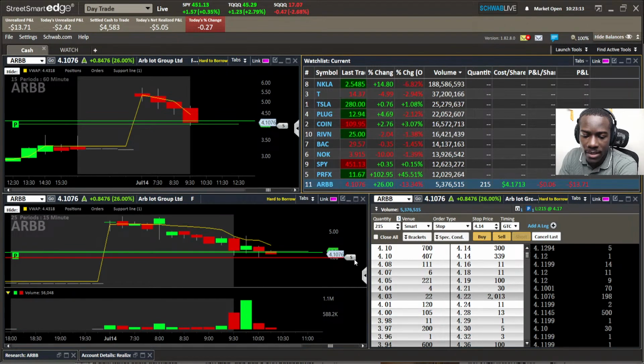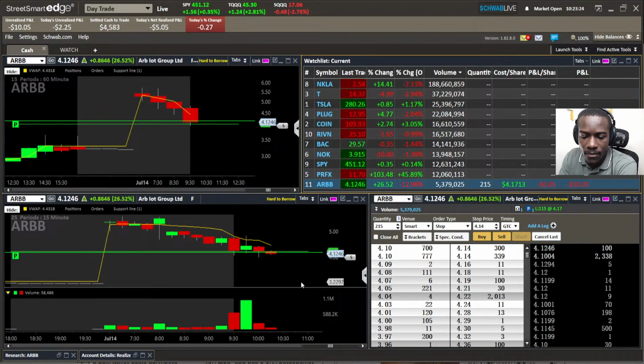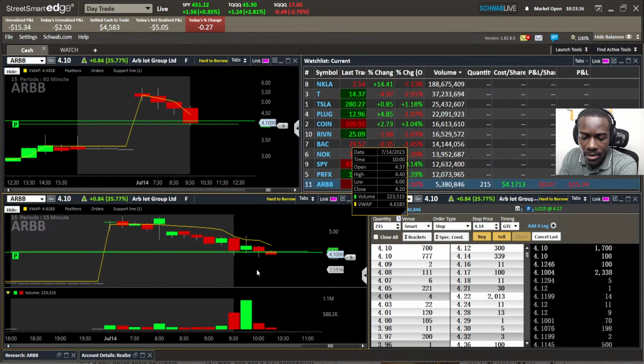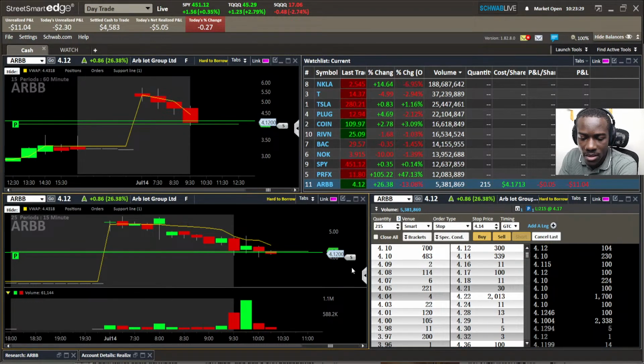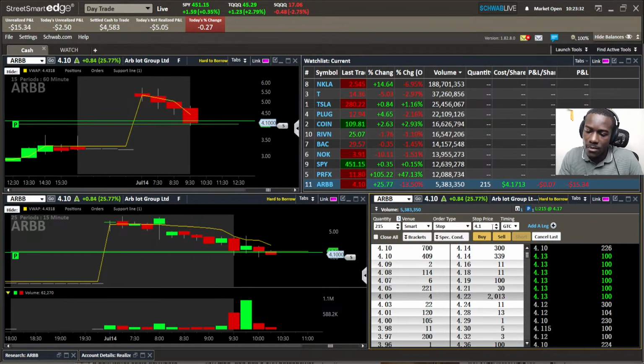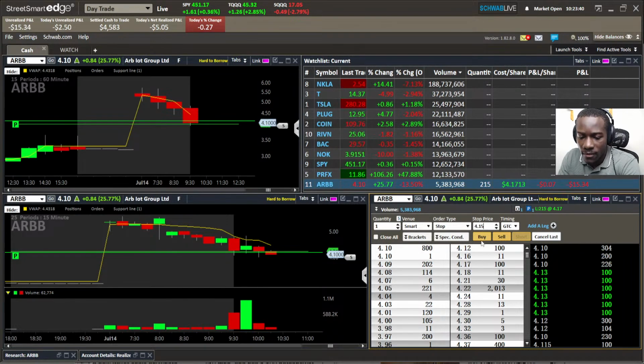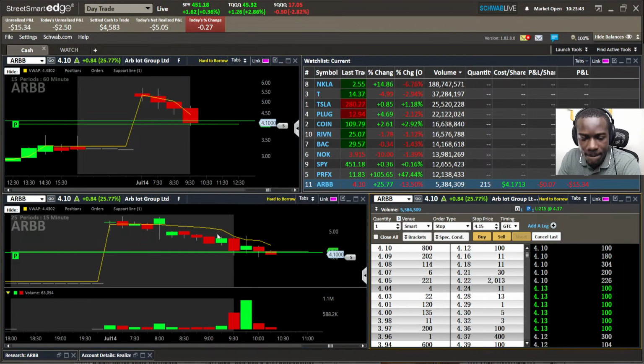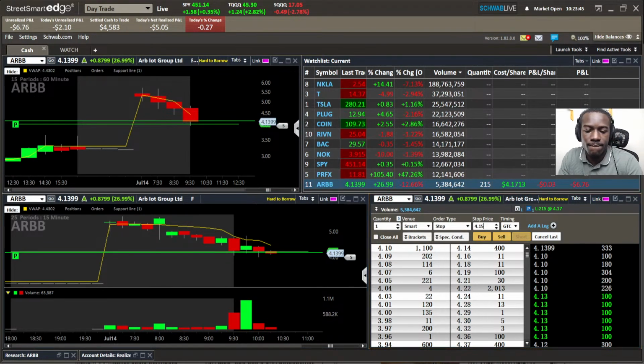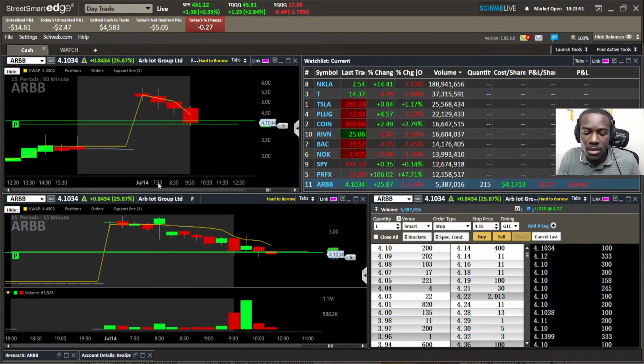ARBB coming on down to me. We'll see if it breaks down at 4. Right now it is under my entry position, which is 416. Let's see. 415. ARBB barely holding up, but it's holding.